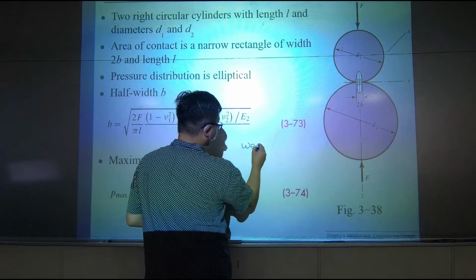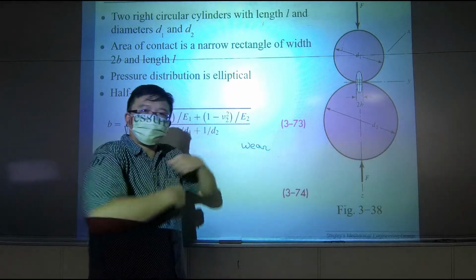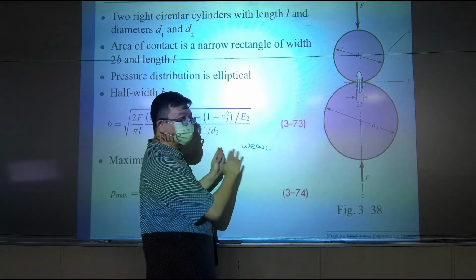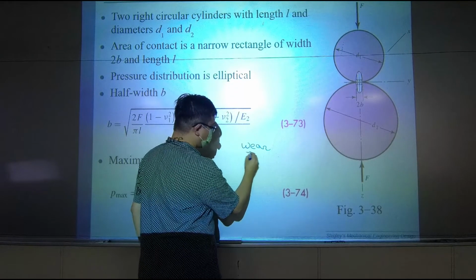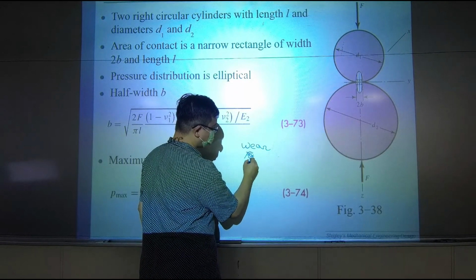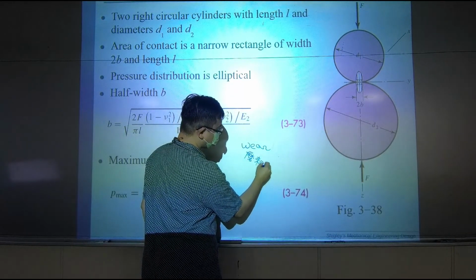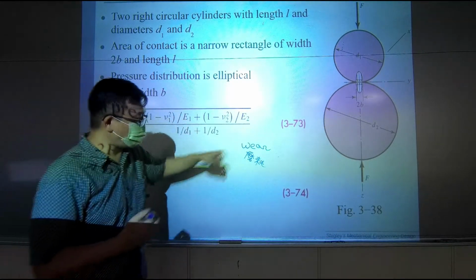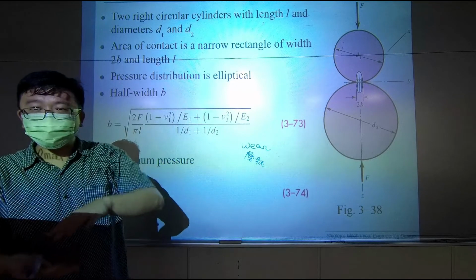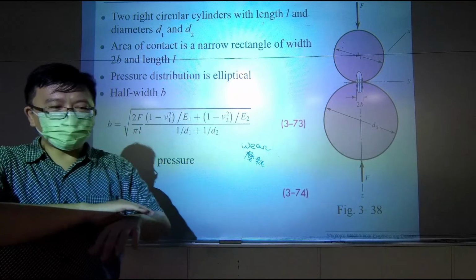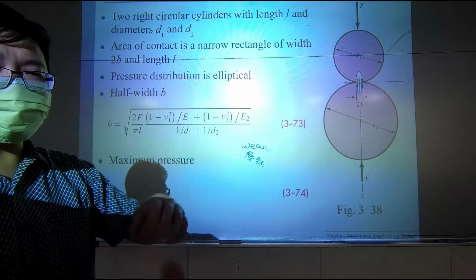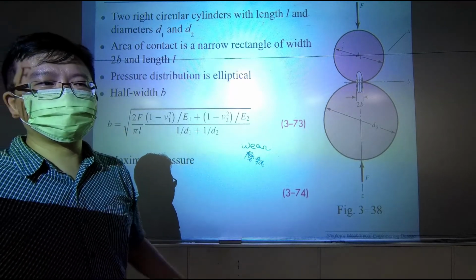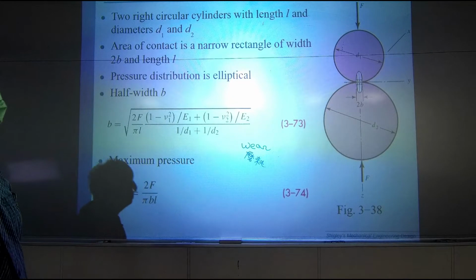Wear is like wearing clothes, but in English, wear has a different meaning. 磨耗. Okay? So contact stress will cause wear on the profile. If you do not have a very smooth profile of the gear, you can cause vibration. That's trouble. That's trouble. Okay?